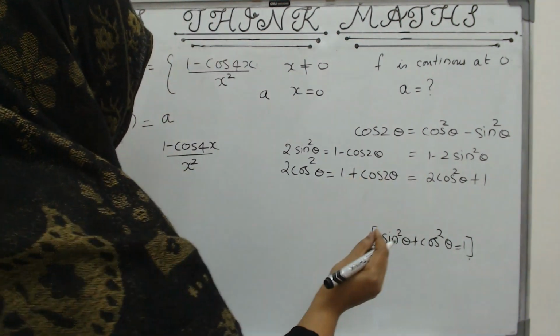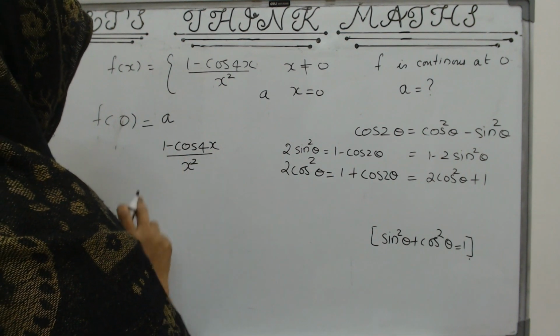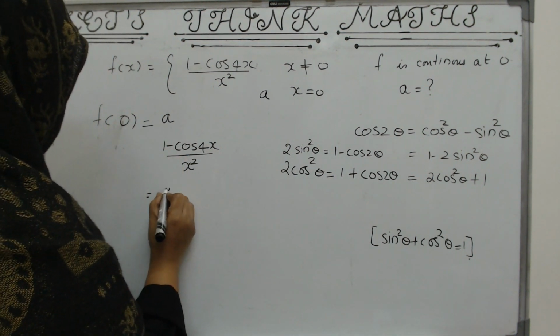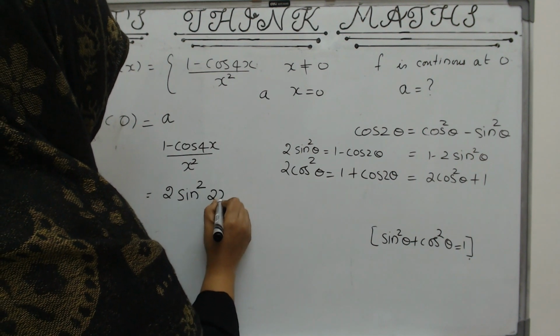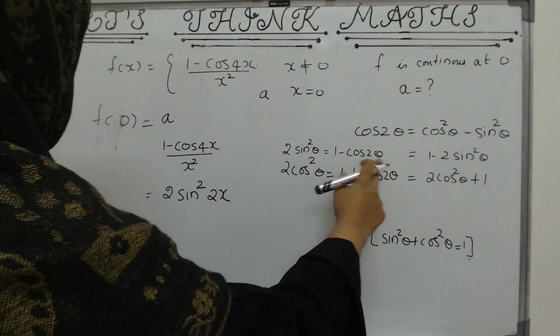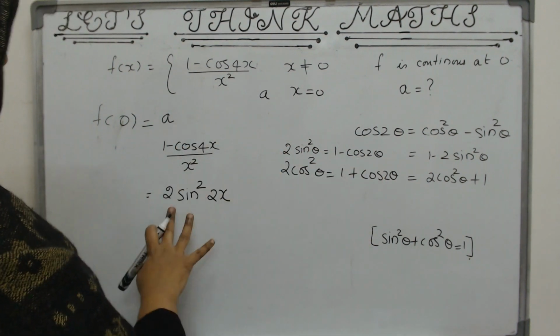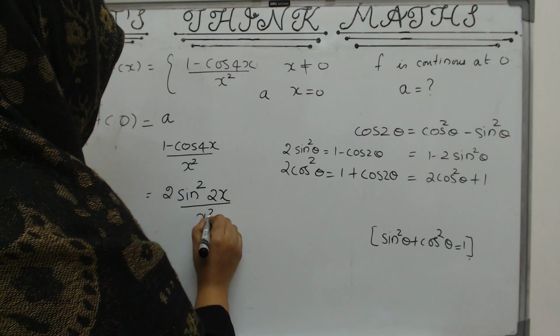A small difference, but then which one do we need? We need 1 minus cos 4 theta. So that will be 2 sin square 2x, right? So here you have 4x instead of 2 theta. So it is 2 sine square 2x by x square.